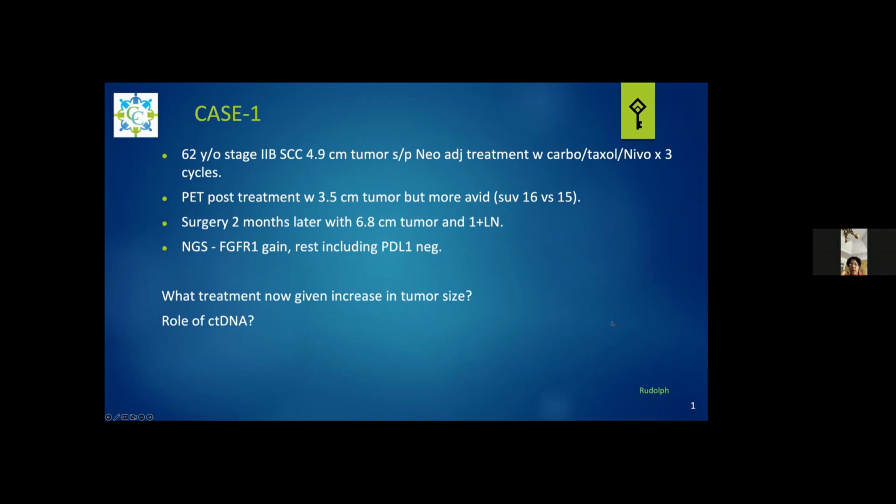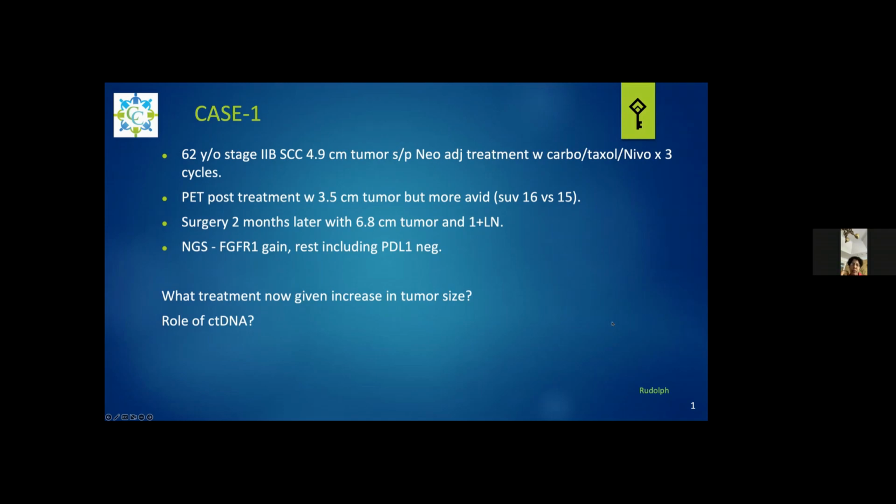One important anecdotal point here: the surgeon actually wanted to do the surgery a good 2.5 months out. I know the clinical trials insisted on surgery within 6 weeks, but after back and forth conversation, he ended up having the surgery about 2 months later, and surprisingly, his tumor had increased.